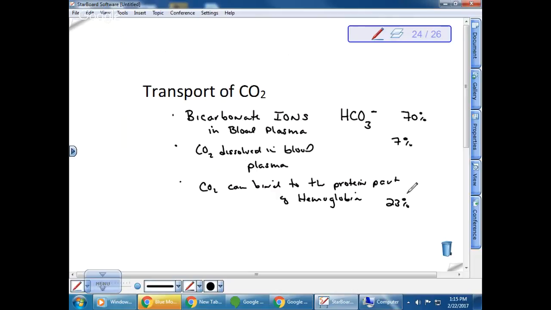So it doesn't compete for the same binding sites as oxygen. It binds to a completely different part of the hemoglobin molecule. So this just tells us that hemoglobin does play a role in transporting CO2 as well as oxygen, but it's not as important, right? Because CO2 can be transported with other mechanisms.